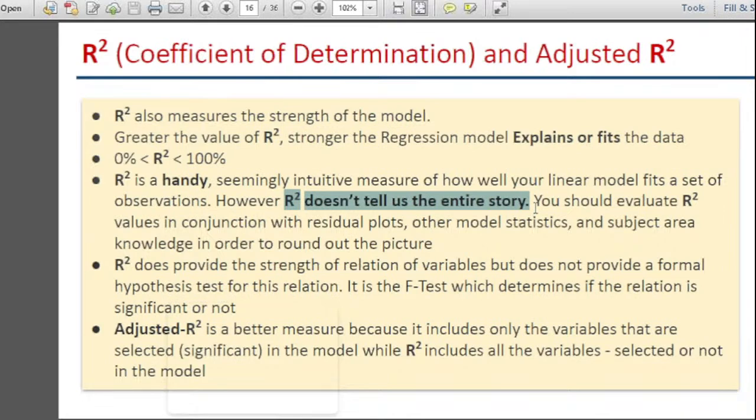Now see, that is why we say data science is definitely science, but it deals with social, I mean it's a social science, right? We are dealing with business, which is not science, right? So it is not as precise as any scientific notation, right? So even if we have R square, it does not tell us the complete story. You should evaluate R square in conjunction with residual plots, other model statistics, and subject knowledge.